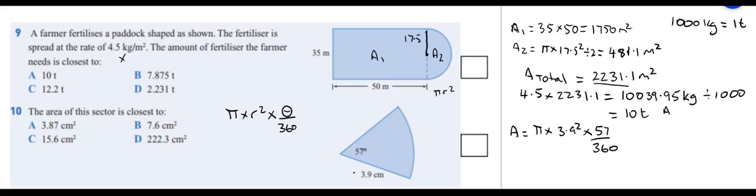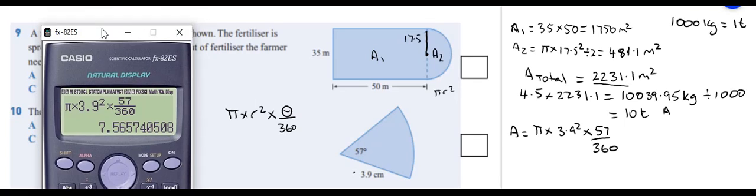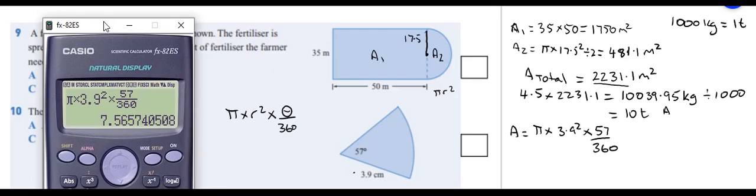And for the last time, we'll grab our calculator and we'll do pi times 3.9 squared times, we'll get our fraction key and do 57 on the top, 360 down the bottom, and our answer will be, the question says how many decimal places it's closest to.